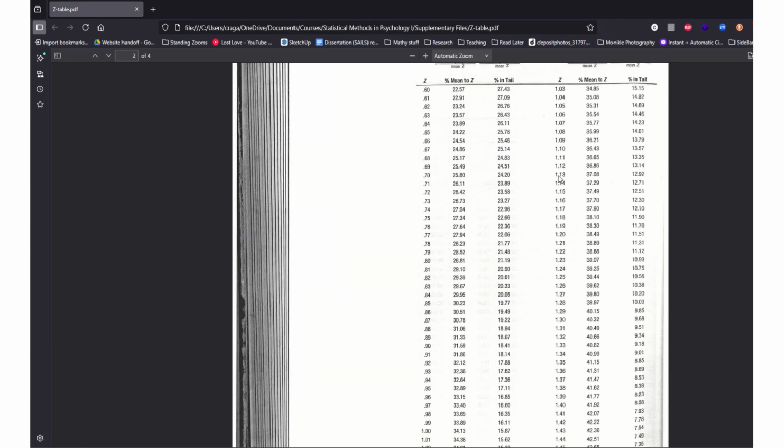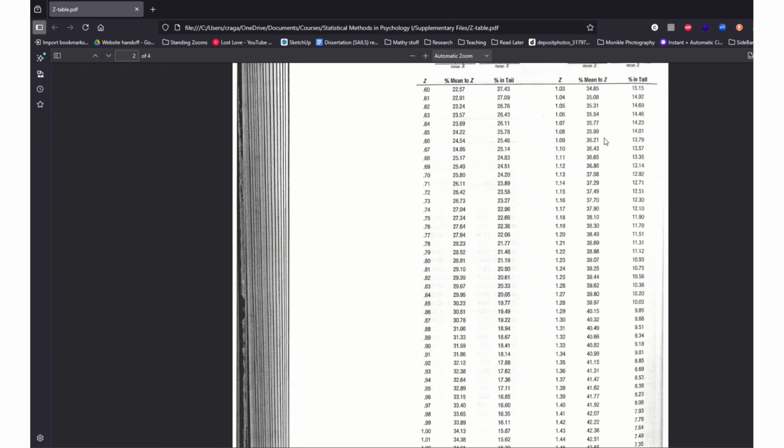For a z-score of 1.13, the probability of finding a value between the mean and that z is 37.08, and the probability of finding a more extreme, a z-value greater than 1.13 is 12.92.